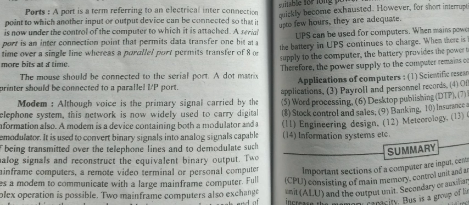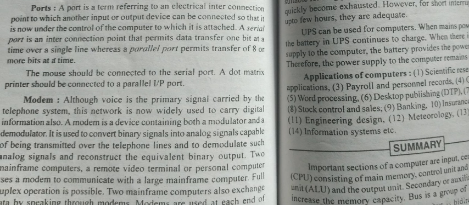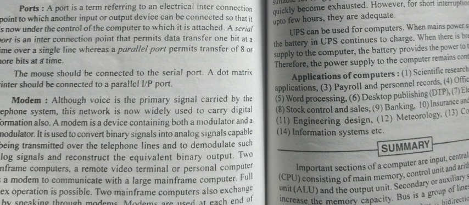After this, we have the applications of computers: used in scientific research; business applications used in calculation of payrolls and personal records; used in educational institutes to keep the record of results and fees; used in office automation, where a lot of data associated with office work is being saved.